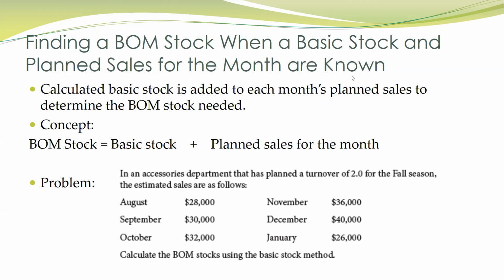When you add up all the sales, it comes up to 192,000 divided by 6. You would get 32,000, which most of you did get. So now step 3 is calculating your basic stock, which is average stock minus average monthly sales. So go ahead and calculate your basic stock.